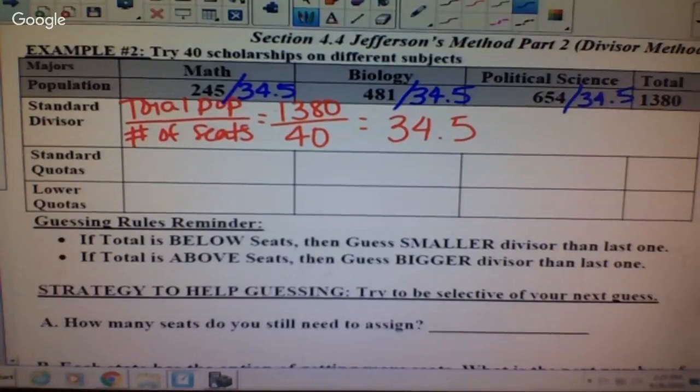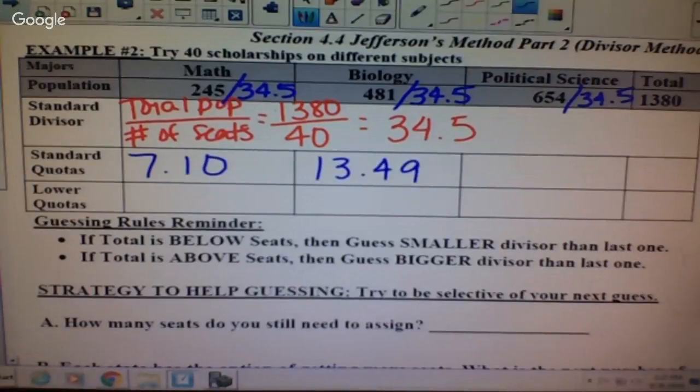Okay, what do we get for a standard quota for math? 7.10. Should have been your standard quota for math. What do we get for biology? 13.49.